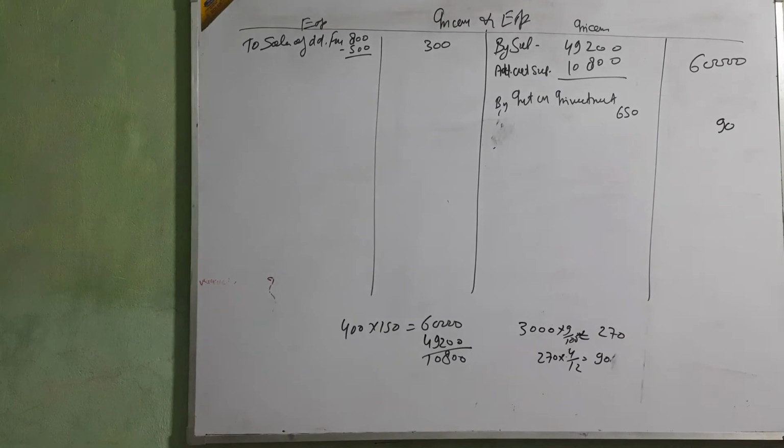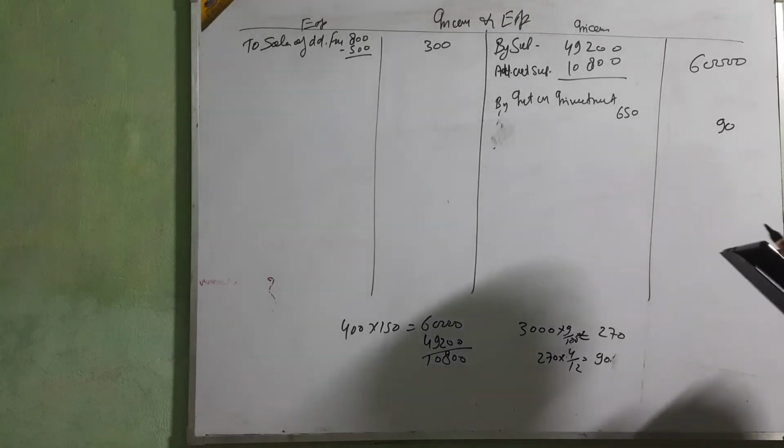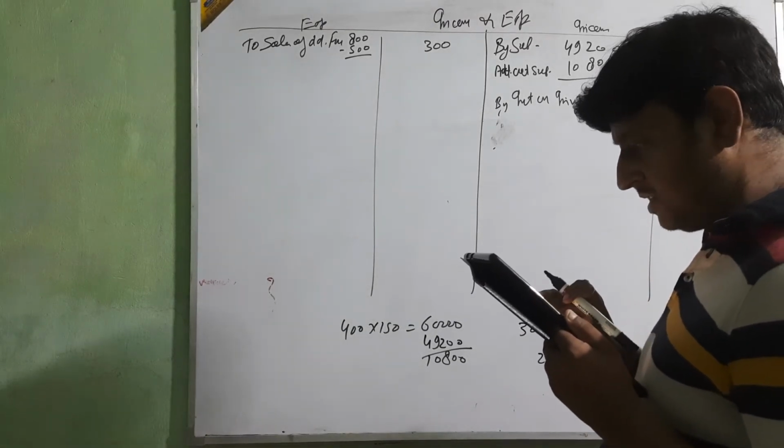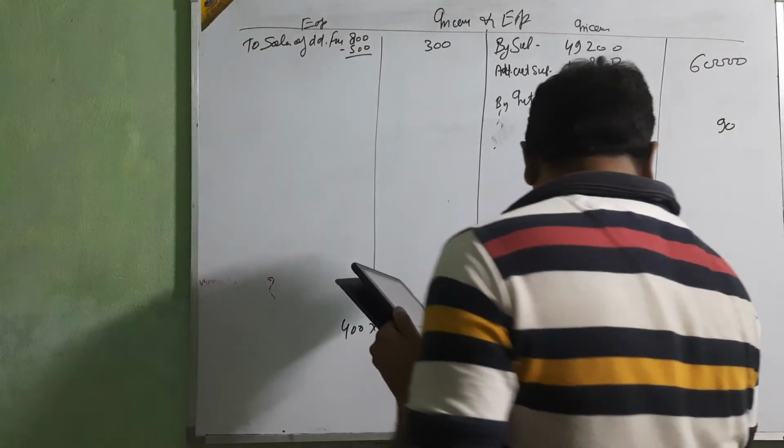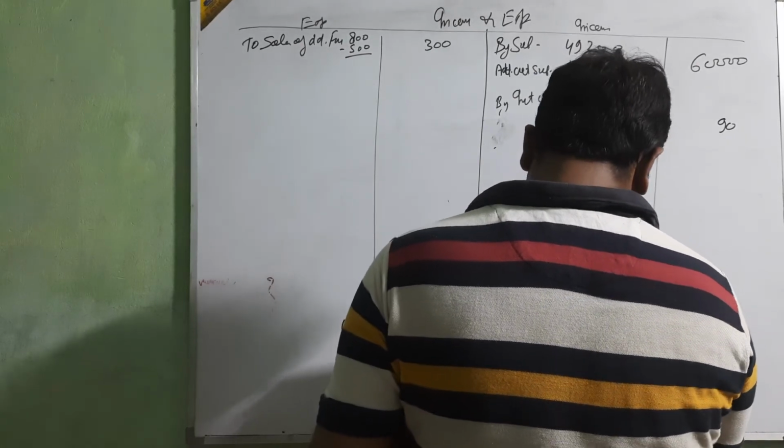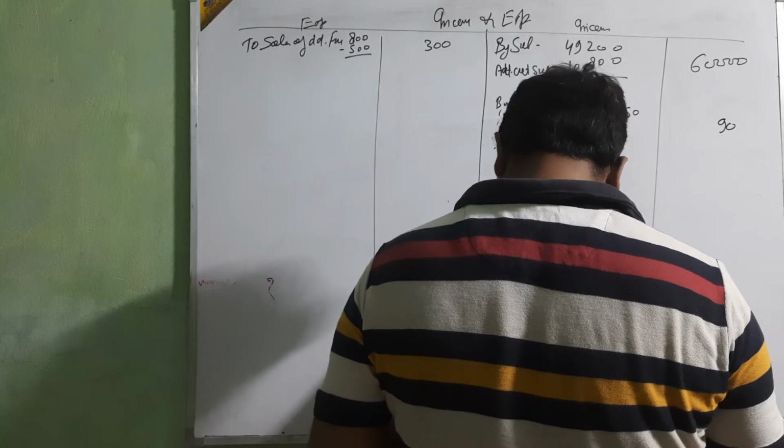Interest. 90 rupees is interest on investment 650, 9%, 27, 90 rupees is outstanding, 720.